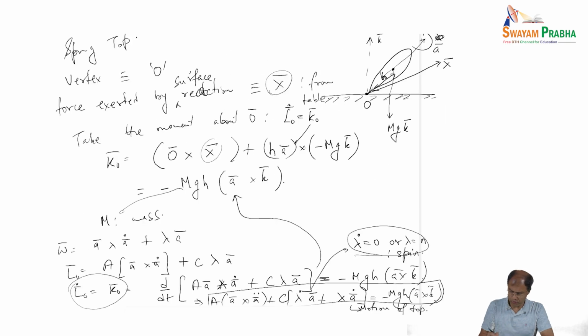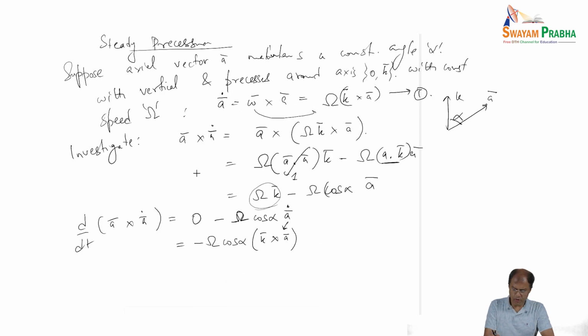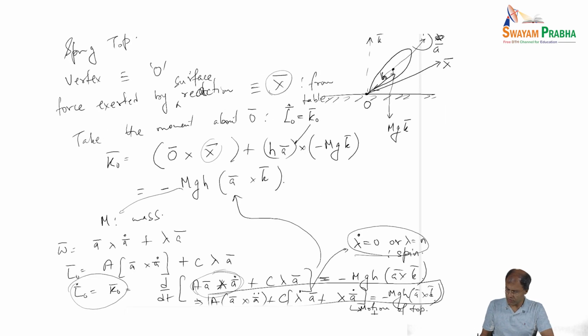Now what was my equation of motion? The equation of motion was d/dt of A cross A dot, right? So now let us plug everything into this equation of motion. So what equations am I using? I'm using this equation, let's say equation number 2, and I'm also using the equation of motion, which I call equation number A here.